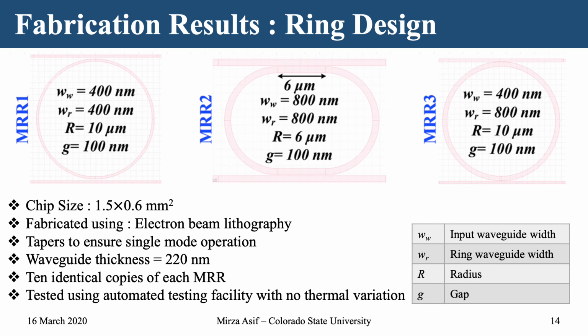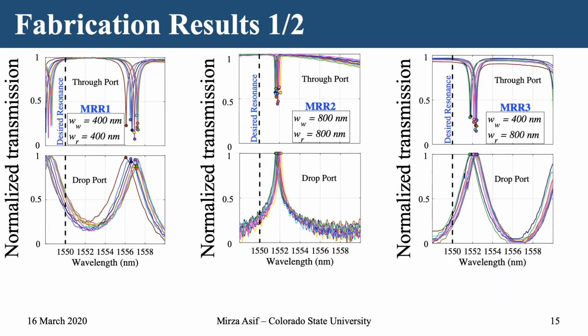Electron beam lithography was used to fabricate these rings. Tapers were used to ensure single mode operation in all these rings, and waveguide thickness was set to 200 nanometers. 10 identical copies of each microring resonator were fabricated to check redundancies, and all this was tested using an automated testing facility with no thermal variation.